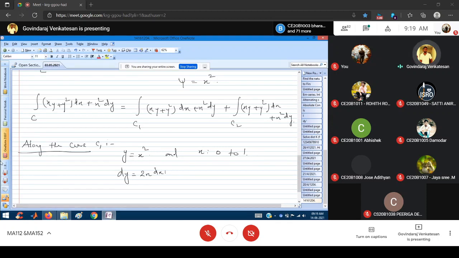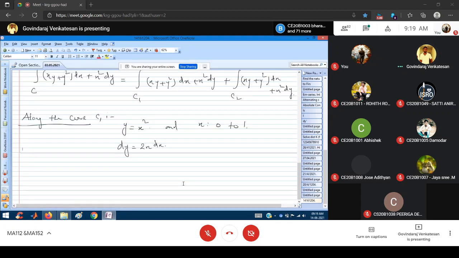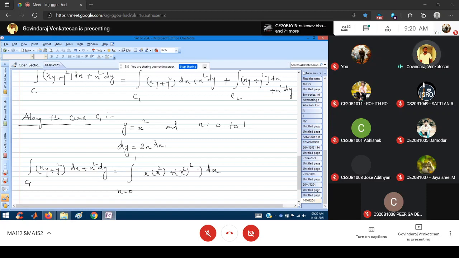So the integral over C1 of (xy plus y square) into dx plus x square into dy is nothing but, x is varying from 0 to 1, the value of y is x square, so everything into dx plus x square into the value of dy, which is 2x into dx.